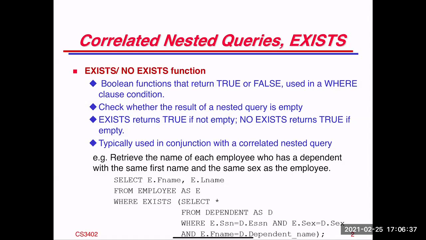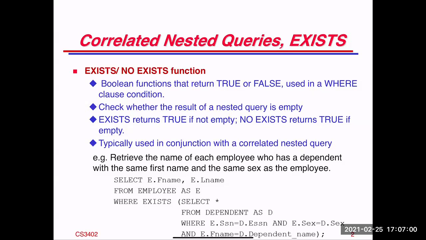Again, we're going to look at this using the conceptual intuition that I tried to give you in a previous slide. I'm fixing one employee tuple, and then I'm going to evaluate the inner query for that tuple.